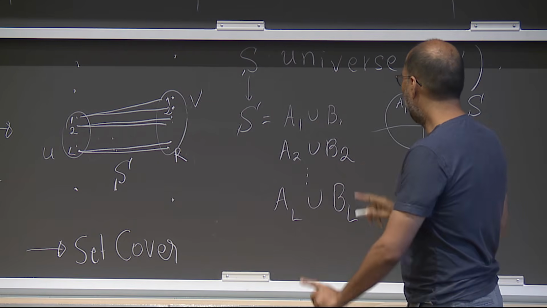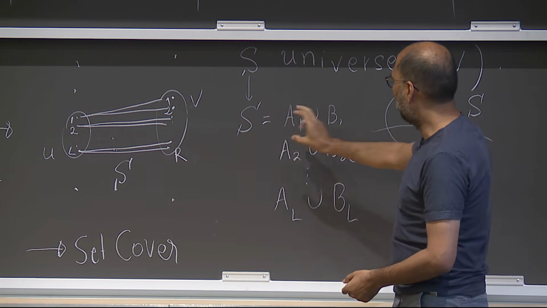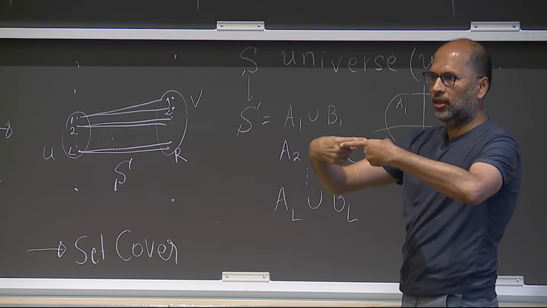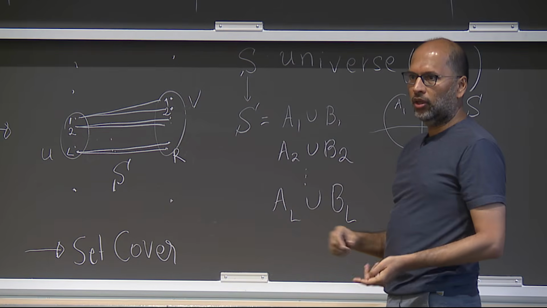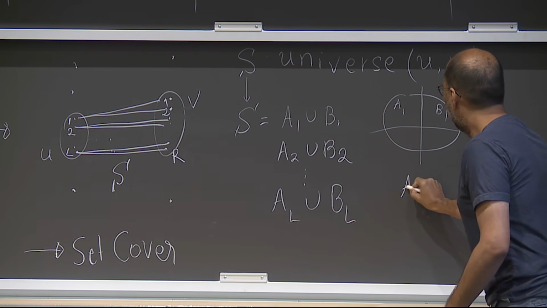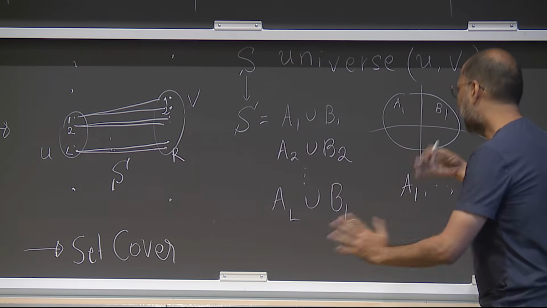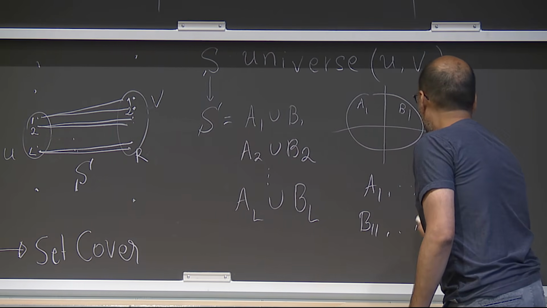However, if you try to cheat somehow by picking a few sets from this side, the A's, and a few sets from the B's, but none of them is actually matching, then the universe will not be covered, okay? So for example, you could try taking 10 sets from one side, A1 through A10, but some different 10 sets from the B side, let's say B11 up to B20.